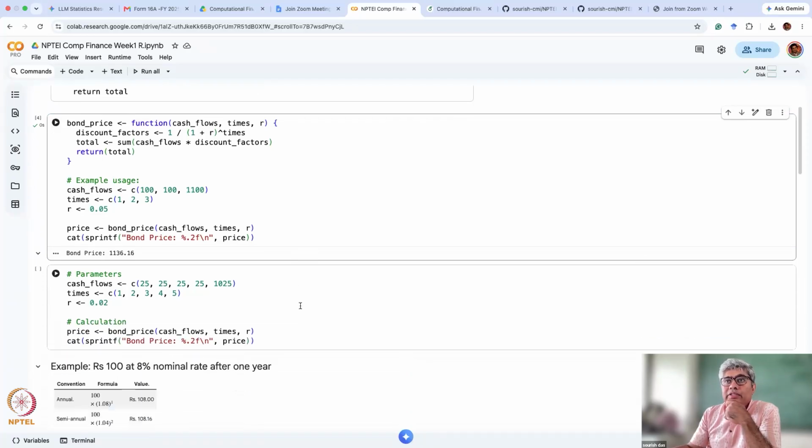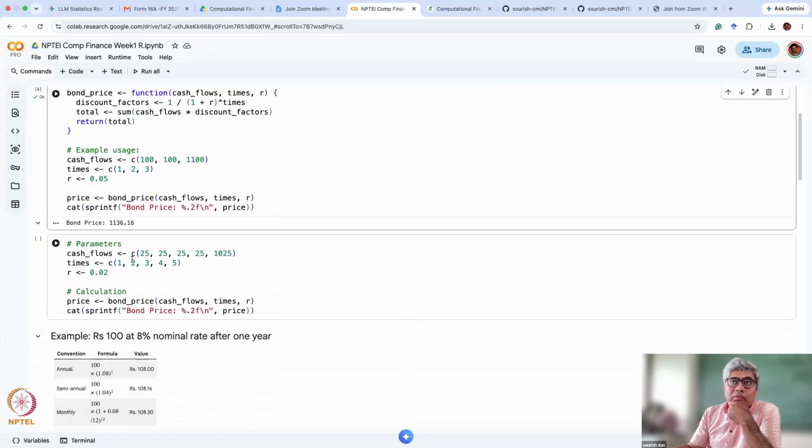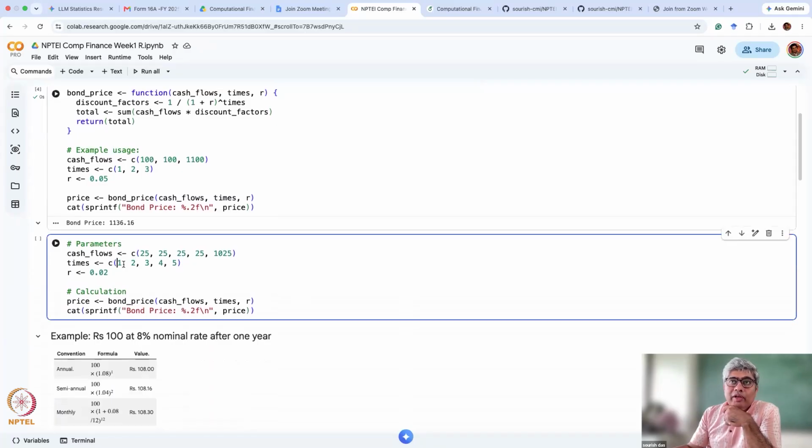Here is another example where we have five time points over, say, 2.5 years. First 6 months 25 rupees, then the end of the first year 25 rupees, then 18 months 25, and 24 months 25. And then at the end, it returns 1025 rupees, and the interest rate is 0.08.